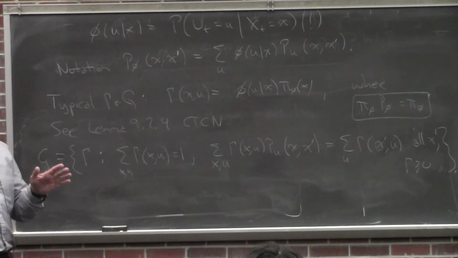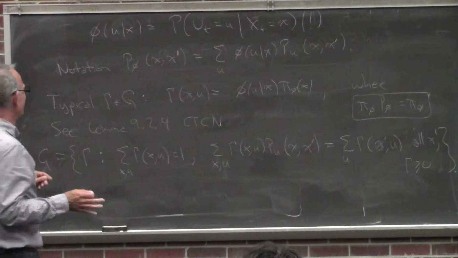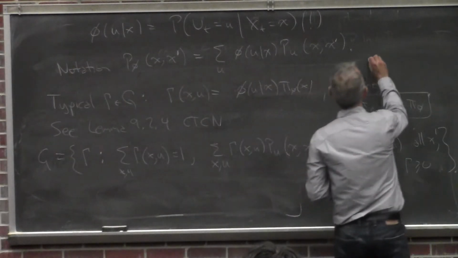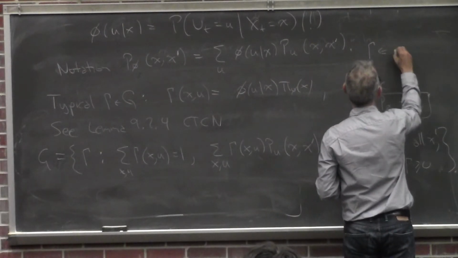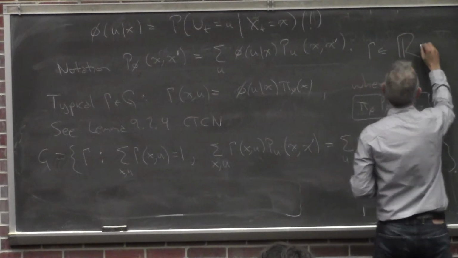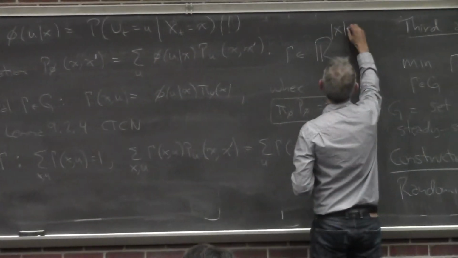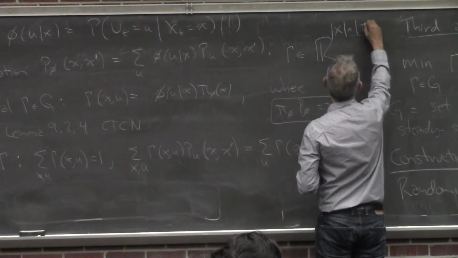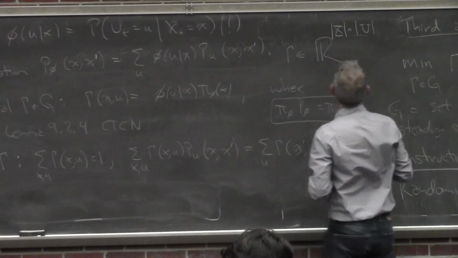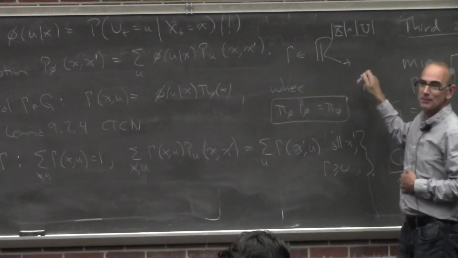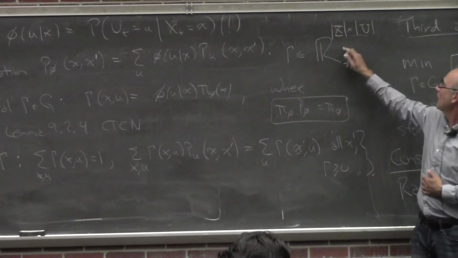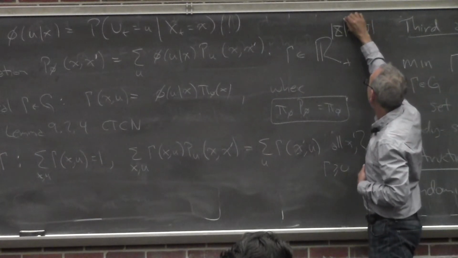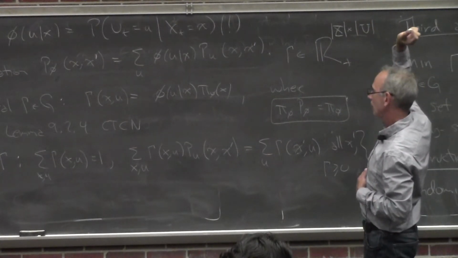Gamma, you can think of it as a vector in R to the size of x times the size of u, plus.